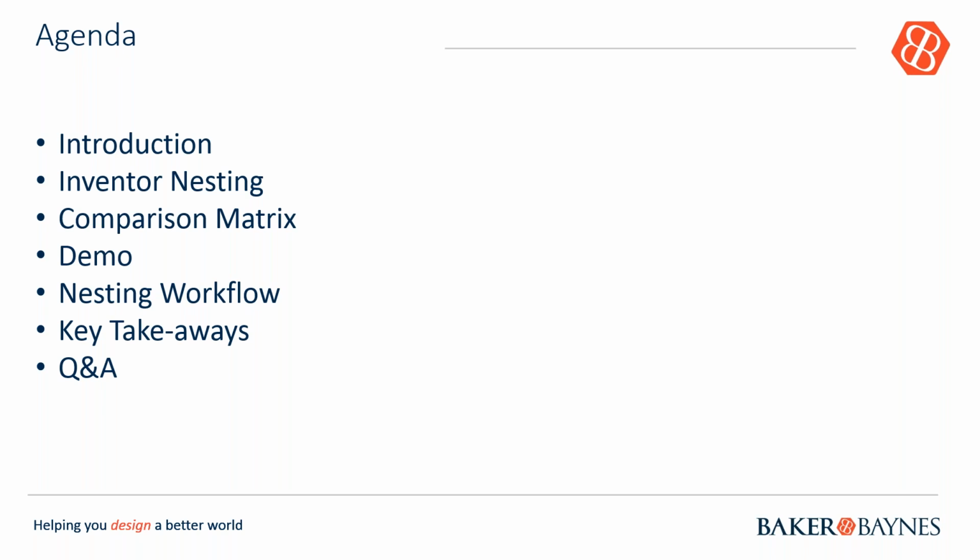And then the next example is slightly different. We use a bit of iLogic in it to show you what can be achieved with regards to getting flat patterns out much quicker using iLogic functions. And then we look at the nesting workflow, the ideal workflow. And then we've got some takeaways at the end, and then it's time for questions and answers.